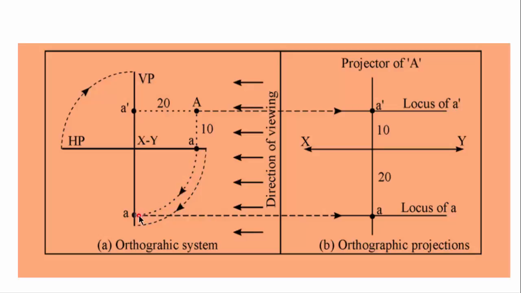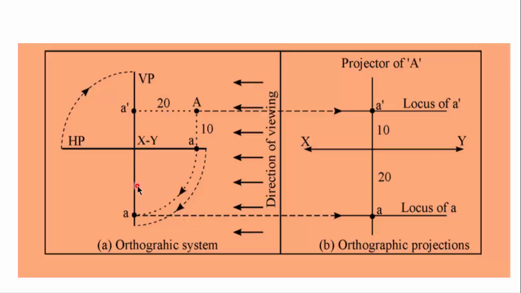HP is rotated through 90 degrees in clockwise sense. Hence, in final position, HP will coincide with VP. Plan of A lies on HP, and hence it will also move along with HP, and finally it will take position here.